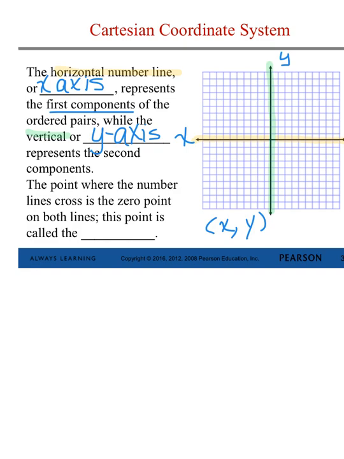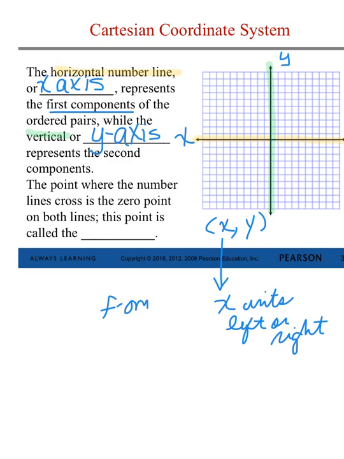that means that your x values are going to tell you that you count from the origin x units left or right, and this is again from the origin, you'll go x units left or right.